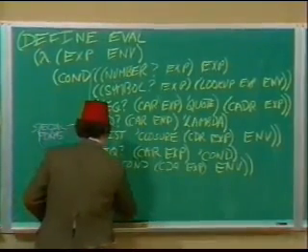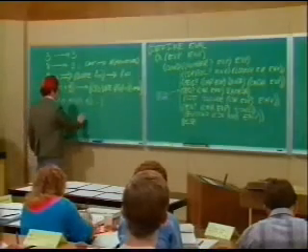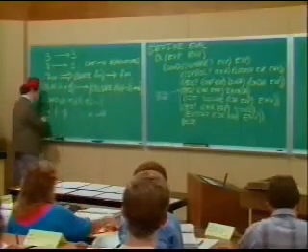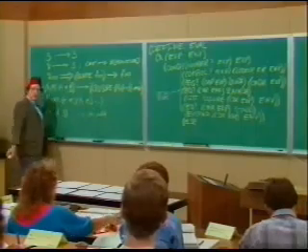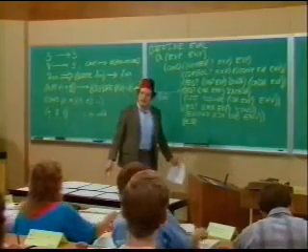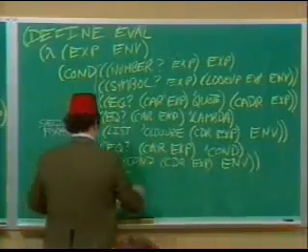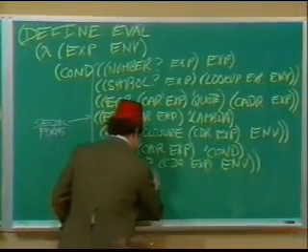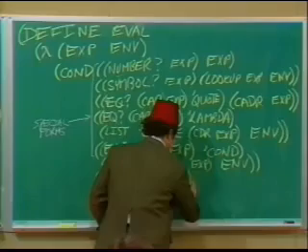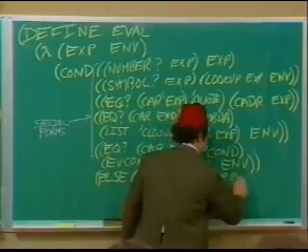So it's else. Well, what do we do? In this case, I have to somehow do an addition. Well, I have to find out what the plus is, and I have to find out what the x and the 3 are. And then I have to apply the result of finding out what the plus is to the result of finding out what the x and the 3 are. Okay, we'll have a name for that. So I'm going to apply the result of evaluating the car of the expression.